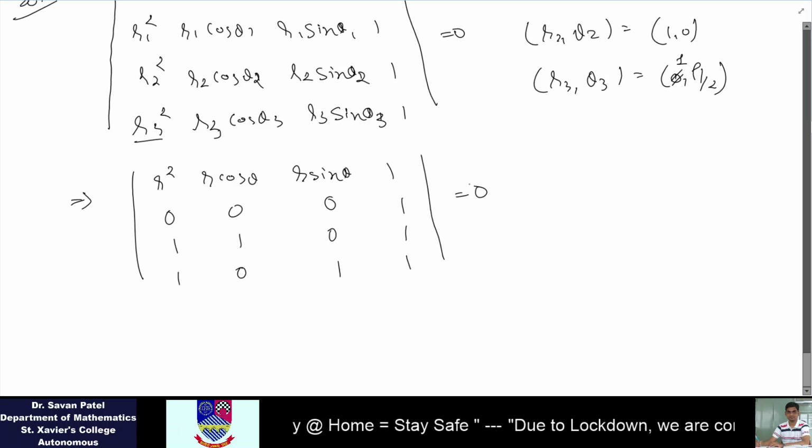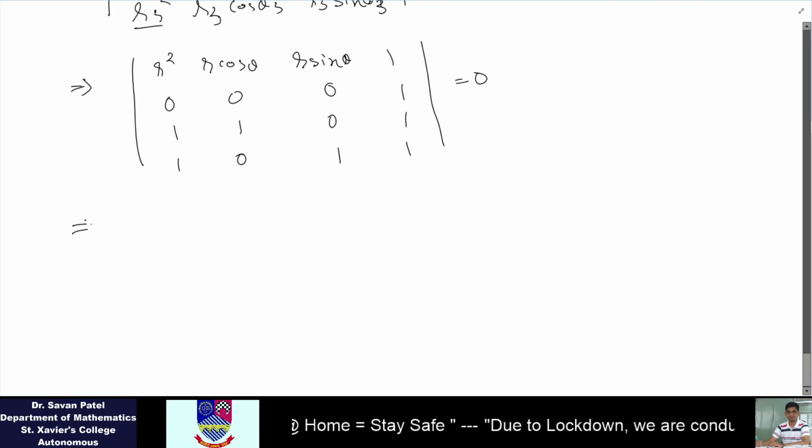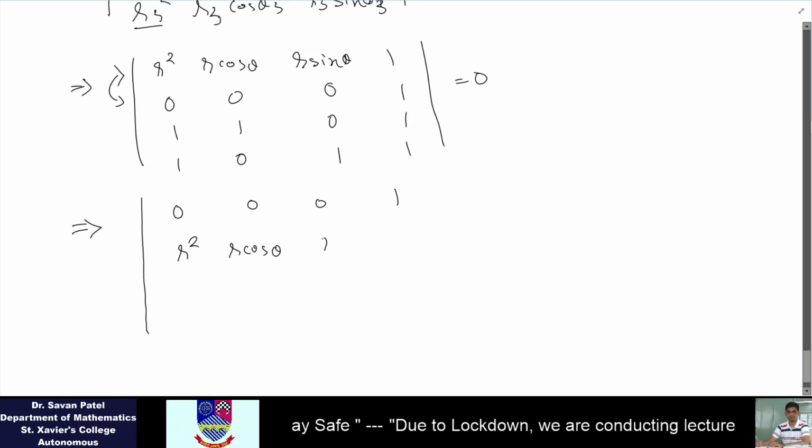So its determinant is supposed to be 0. Now I am interchanging the rows and columns, and you know that it will just be minus of the original determinant, but here it is 0, so there is no change. So 0, 0, 0, 1; r², r cos θ, r sin θ, 1; 1, 1, 0, 1.